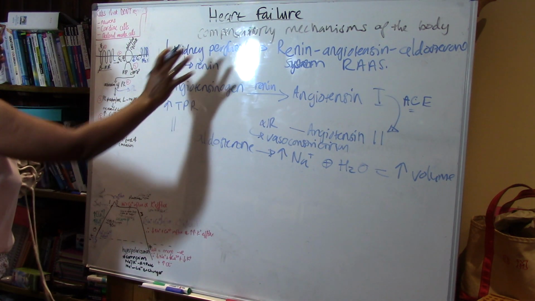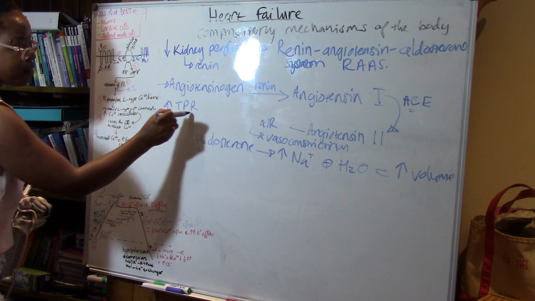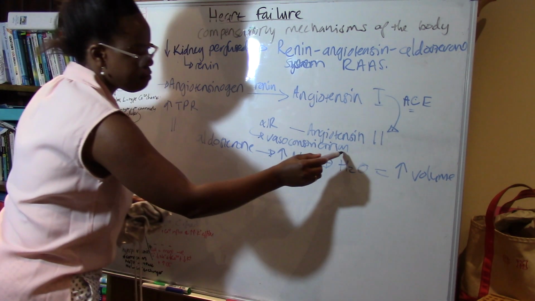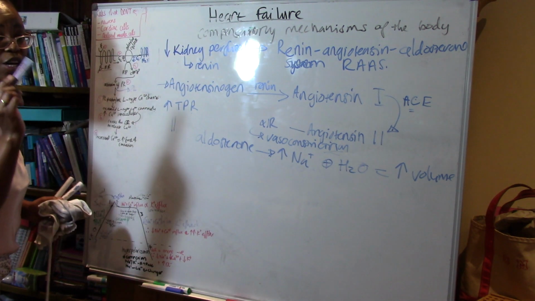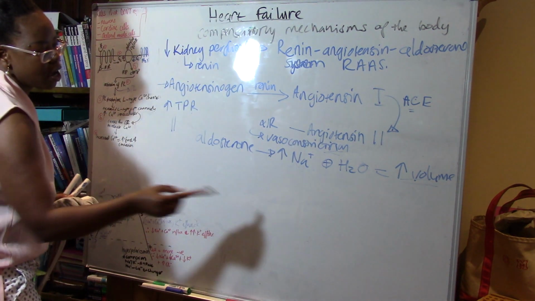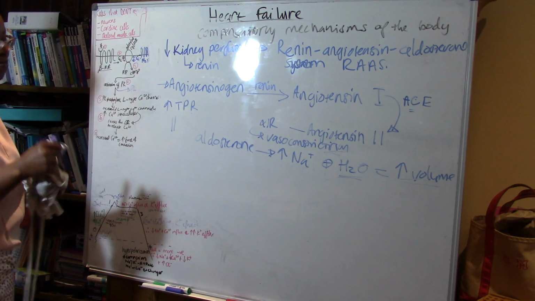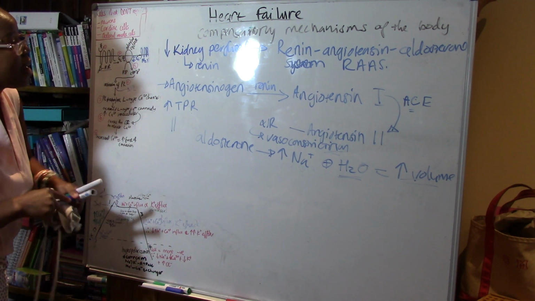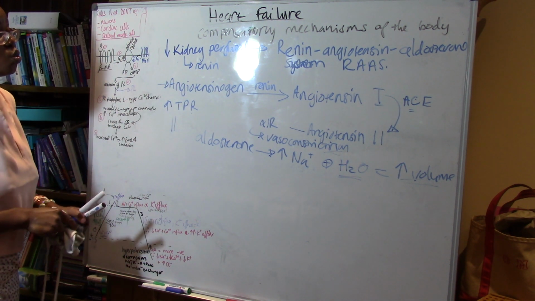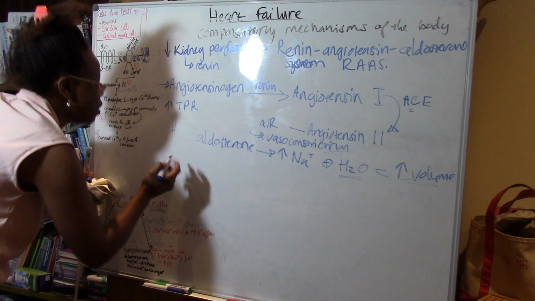So this system does two things. It will increase peripheral resistance via vasoconstriction, and it will also increase the volume of the blood via retention of salt and water.